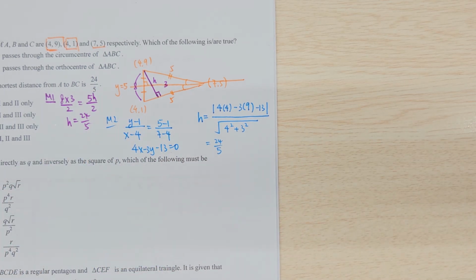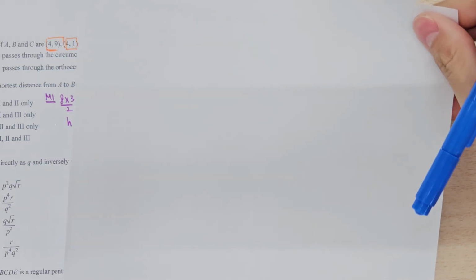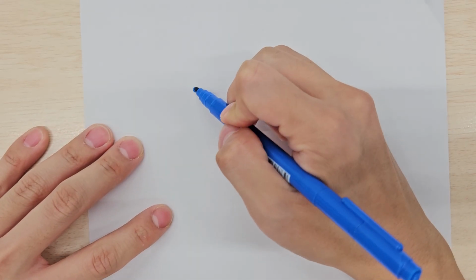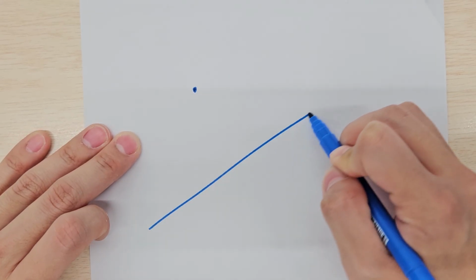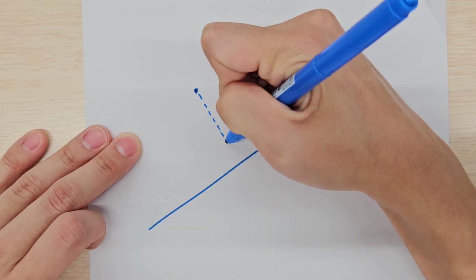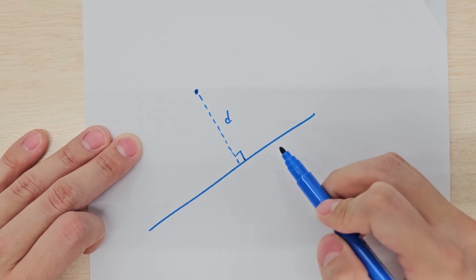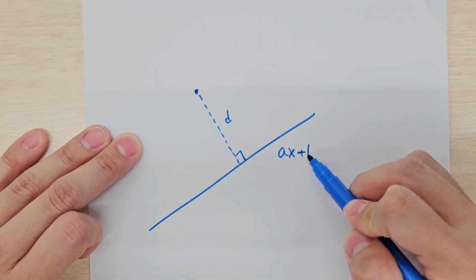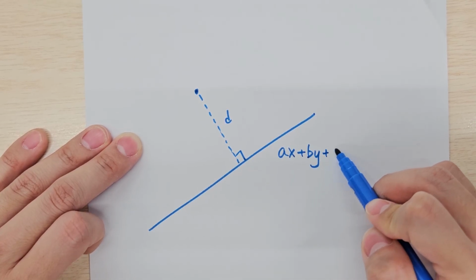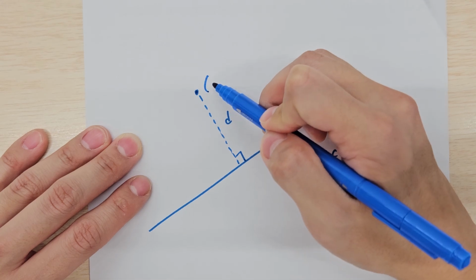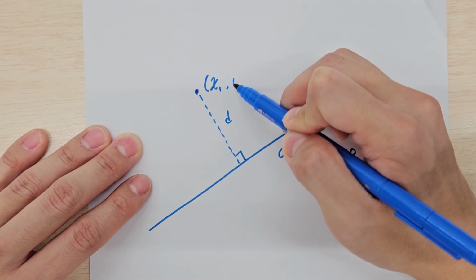So actually, what is this formula? While we discuss this, the formula will be like this. If we have a point and a straight line, we want to find the shortest distance between the point and the straight line. We call the straight line ax plus by plus c equals 0, and the point we let be (x1, y1).